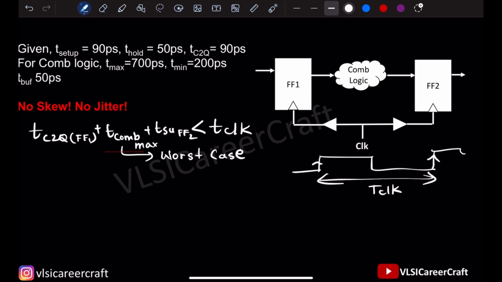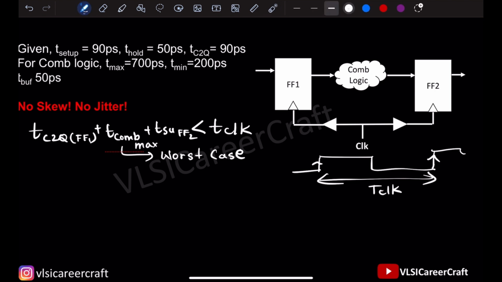Here the clock to Q is for flip-flop 1, and the setup time should be of flip-flop 2, because sometimes flip-flop 1 and flip-flop 2 will have different setup times and clock to Q delays. So in that case, you need to be very careful.